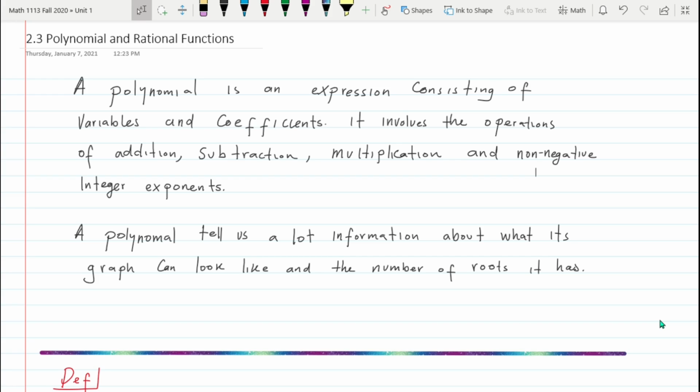Now, what's important about a polynomial is that it tells us information about the function itself, but also we can look at it and determine information about the graph of that polynomial. Okay, what it looks like, and here we say how many roots it has, and we'll talk about what roots are, but mainly it gives us an idea of what the shape is going to look like just by looking at the little details.